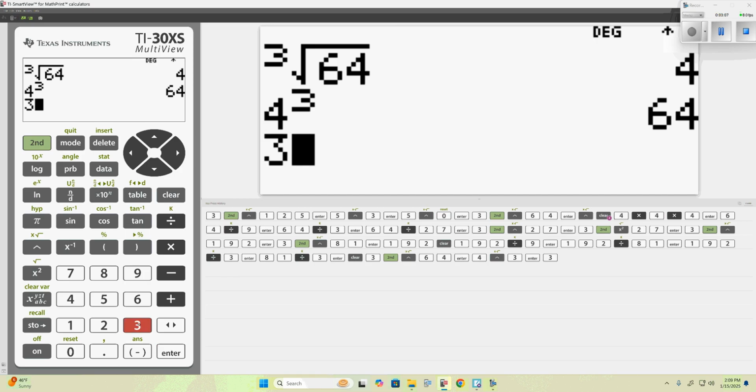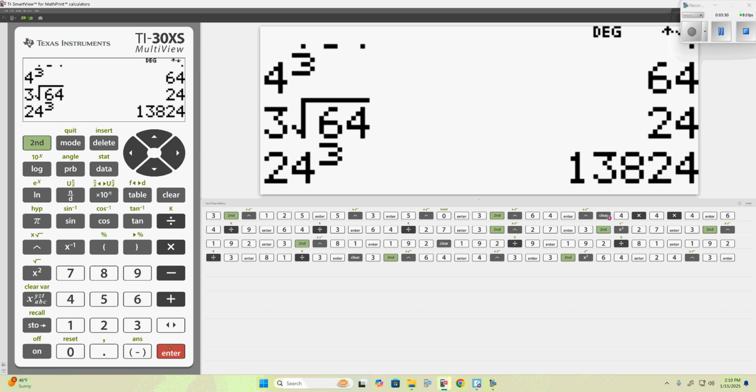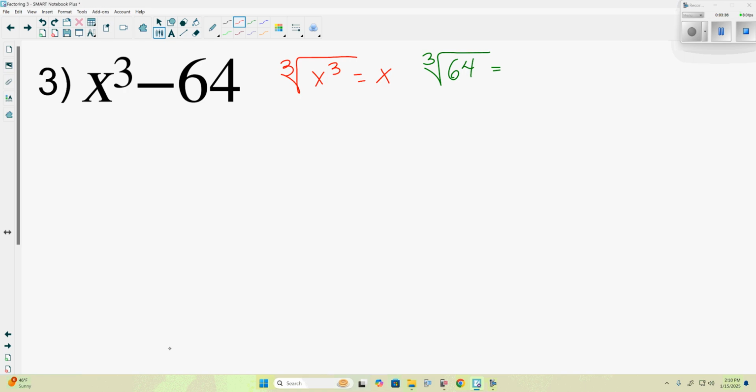If the 3 did not go up into the index and we hit enter, it tells me it's 24, because really what it did is take the square root of 64, which is 8, and multiply it by 3 to get 24. So if we check it, 24 to the third power is not 64. So 4 is the answer.